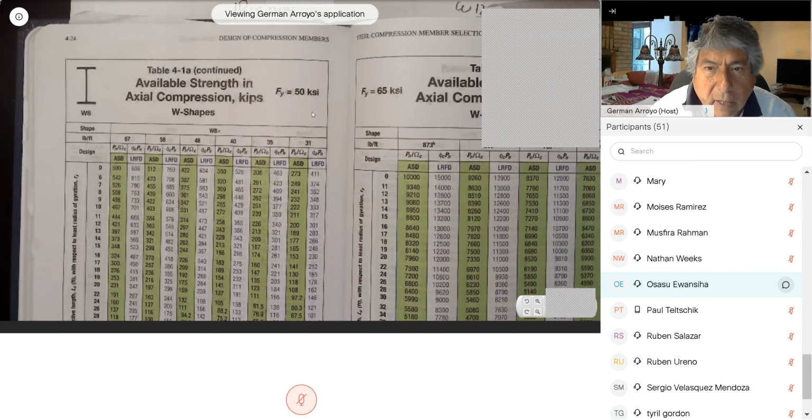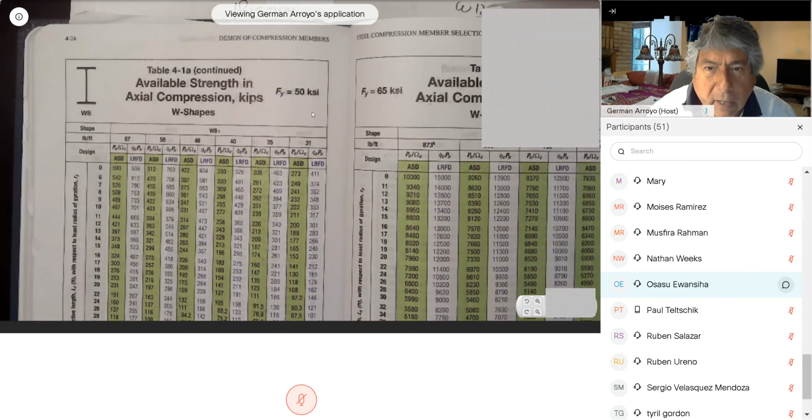And if we keep moving, do you find anything larger than 14? No. They had that because those are the most common ones. W8, W10, W12, W14.